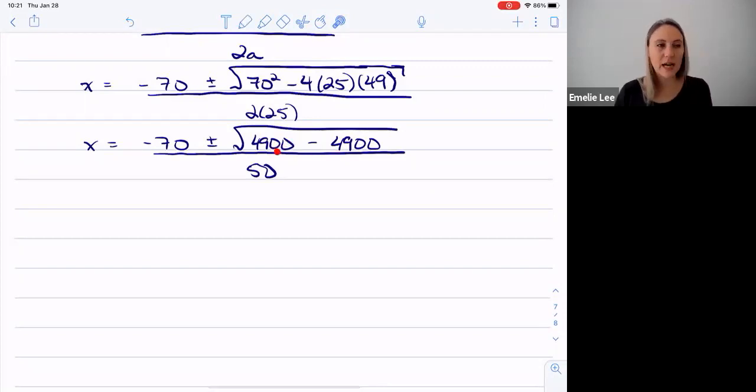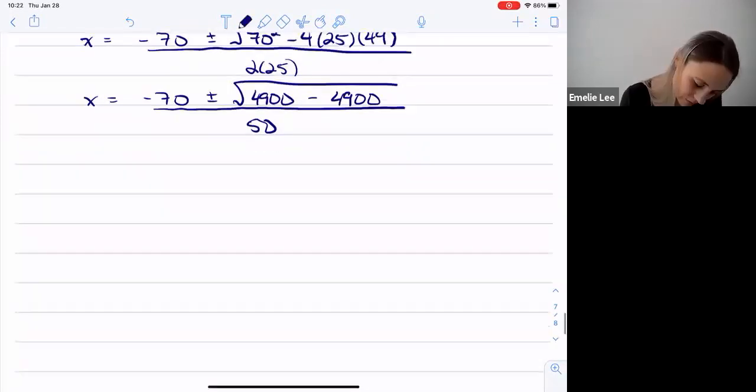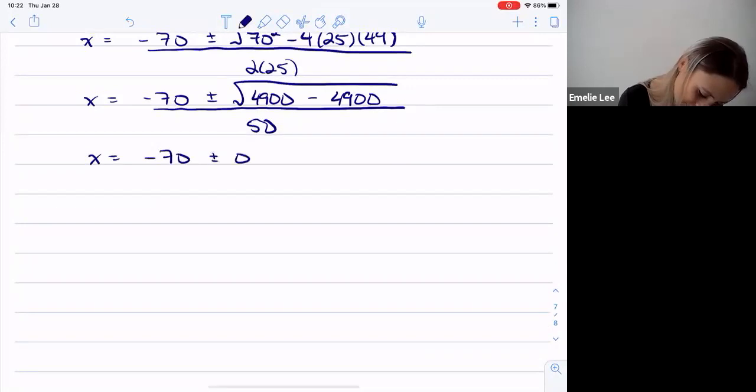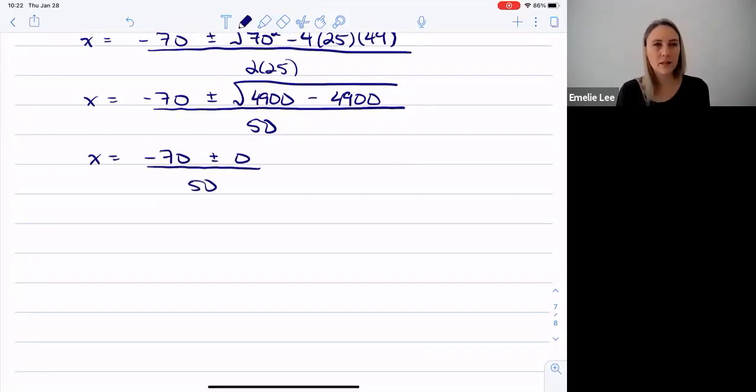Now here, what I get is 49 minus 49, that's 0, of course, okay? And so what I have is the square root of 0, which is fine. I'm allowed to take the square root of 0. So x is negative 70 plus minus 0 over 50. Okay. All this means is that, well, negative 70 plus 0 or minus 0, it doesn't matter.